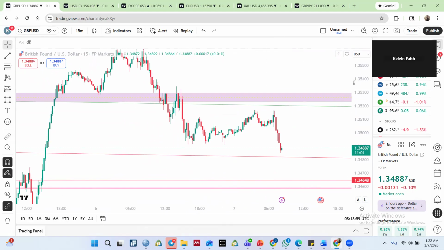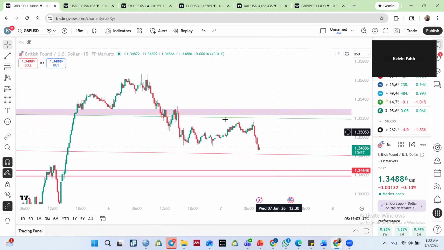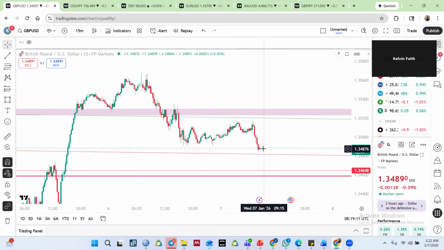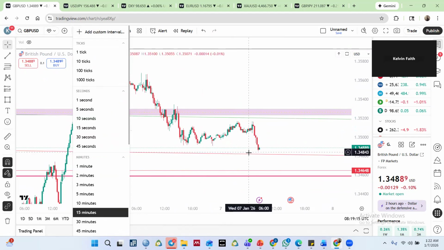So you cannot be buying in such a market. We want to see the structure change from a bearish market to a bullish market.